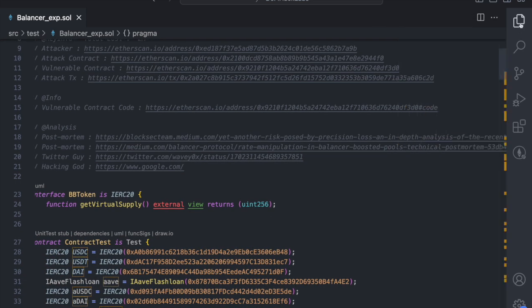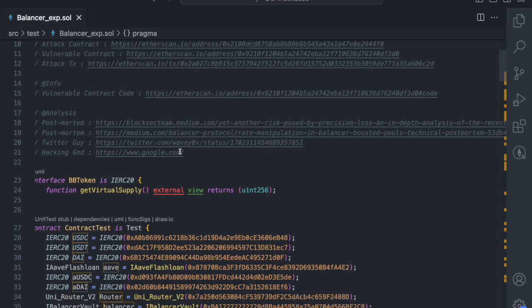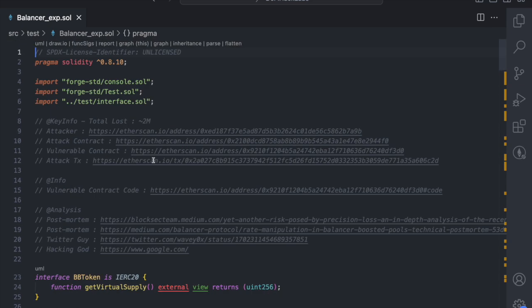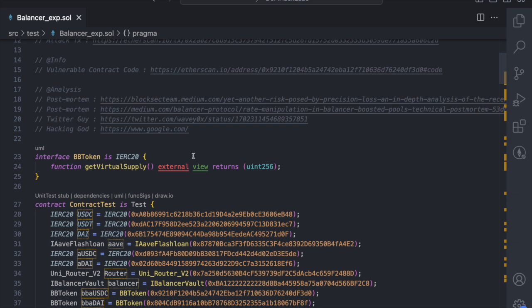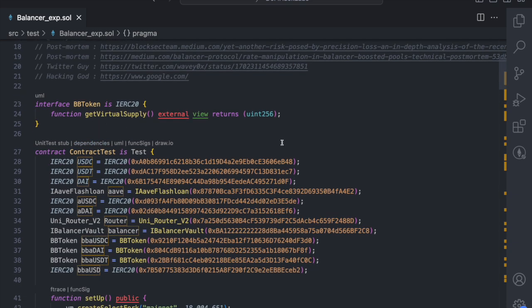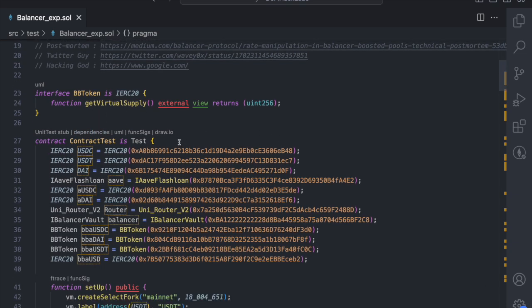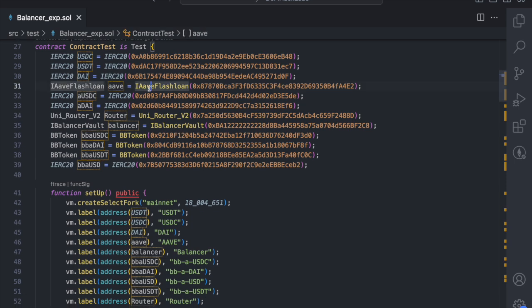All right, so when we look at the Balancer exploit contract, there's a lot of things going on over here. There's going to be some swapping going on. There's going to be a flash loan being used.